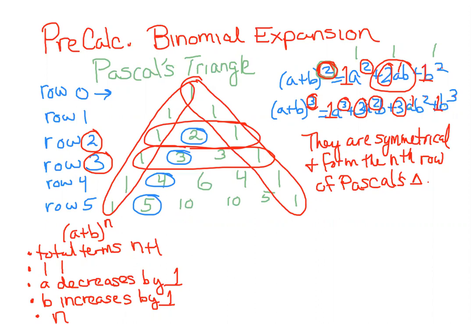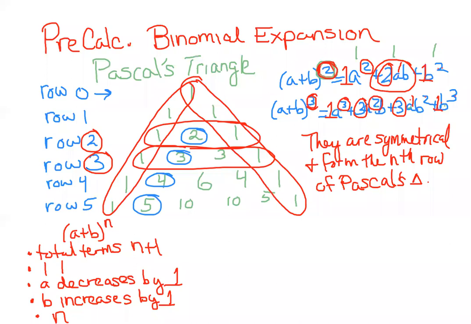So we can use Pascal's triangle to expand each binomial. Let's look at some examples here. Okay, for number 1, we've got a plus b to the 6th. So we need the 6th row of Pascal's triangle. Looking back here, we don't have the 6th row.